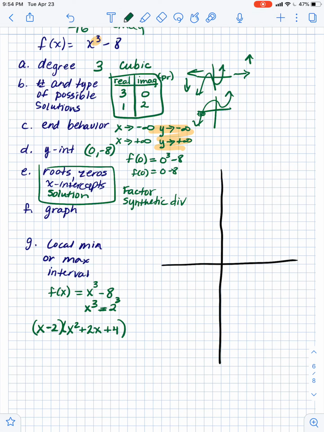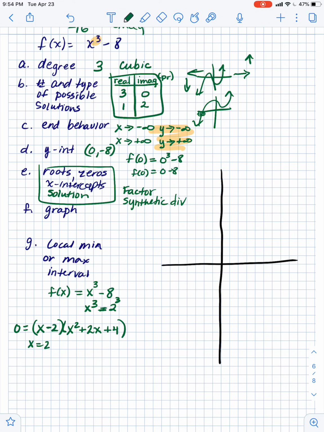So we are looking for our zeros, so we want to know when that equals 0. Well, this one is going to be x equals 2. The other part, if you remember back when we did the cubes, I specifically told you this second piece will never factor, never. So you need to run the quadratic on it.